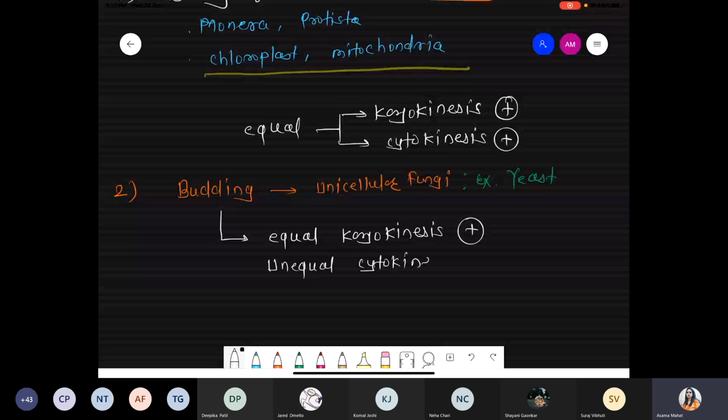That is, the cytoplasmic division is unequal. After the division process, one single bud represents a new daughter cell. The daughter cells have the same kind of nucleus, genetic material equal होगा, but the cytoplasmic content, एक सेल में ज्यादा होगा, किसी एक सेल में कम होगा, because bud means nothing but it gives rise to a new daughter cell.